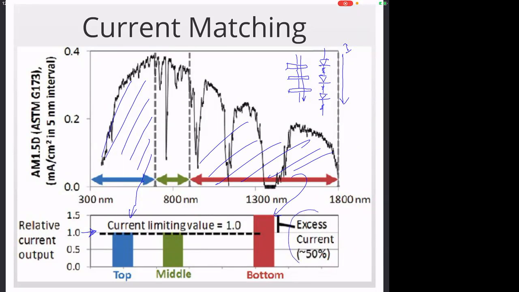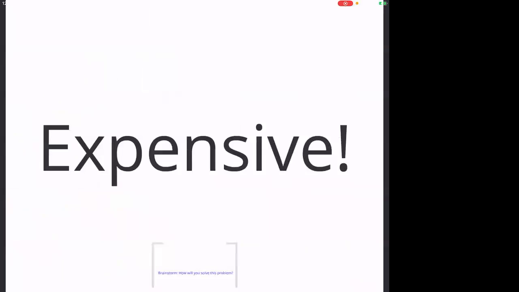So this excess current is actually lost because you don't have an optimum working condition for the bottommost cell. And this is the problem. This is obviously an unavoidable loss unless you put these in parallel, which in this kind of configuration where you have a sandwich cannot be done easily. So all of this makes it a little more expensive.